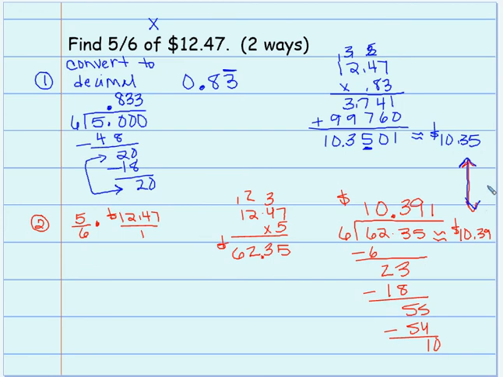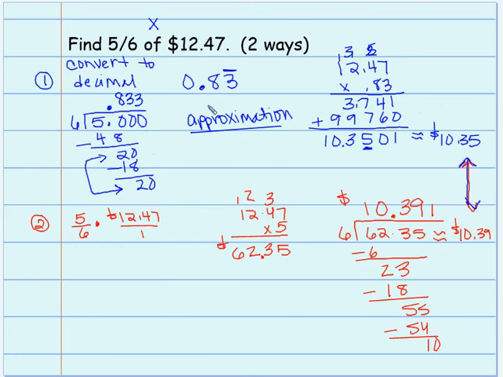Now, what accounts for that difference? Well, here we took a fraction that is actually equal to 5 out of 6. Up here, we took the decimal approximation. We rounded this; the fraction 5/6 is actually an infinitely long decimal.